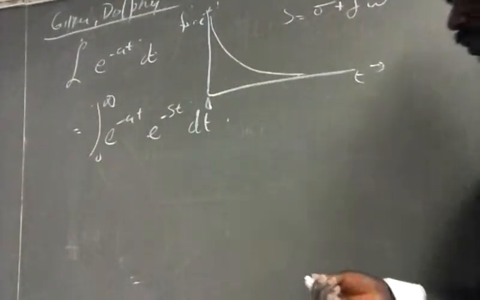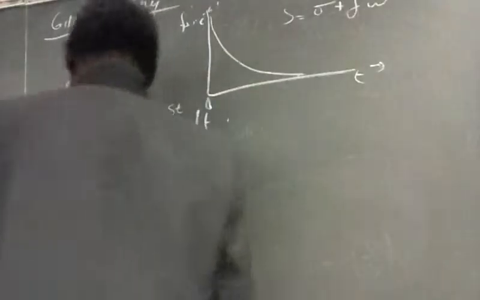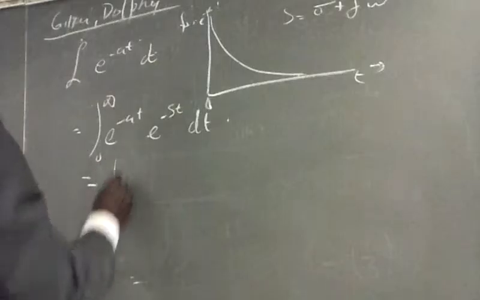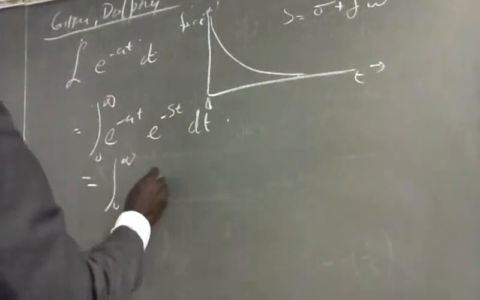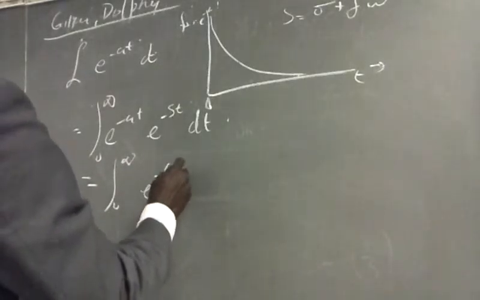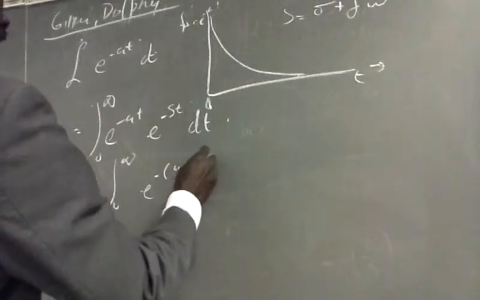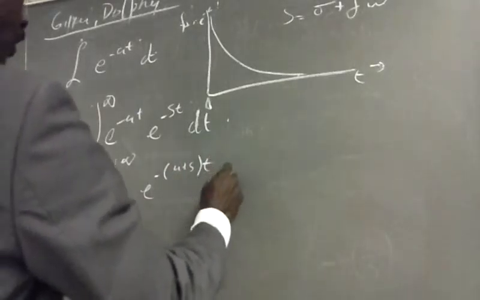And so that's equal to the integral from 0 to infinity of e to the minus (a plus s) t dt.